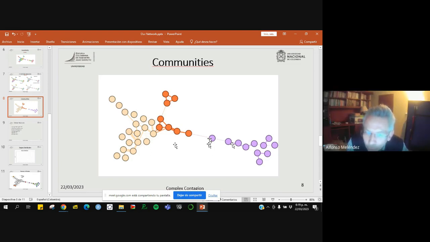There are various ways to evaluate an algorithm that finds communities and find out if that algorithm has found good communities or not. There are criteria to know if the algorithm has found good communities. But I have to tell you, Lina, and the rest of you, it's a very ambiguous question and has no clear answer.